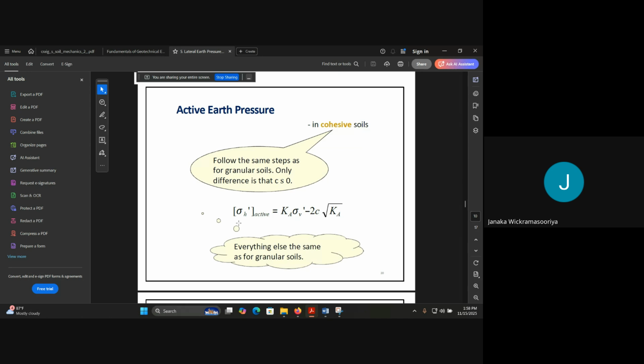So that becomes the equation, minus 2c square root of Ka. So when you have a cohesive soil with cohesion, this equation differs. So for the cohesive soils in active earth pressure, this is the equation. The equation for the Ka does not vary. So you can write down this one also.